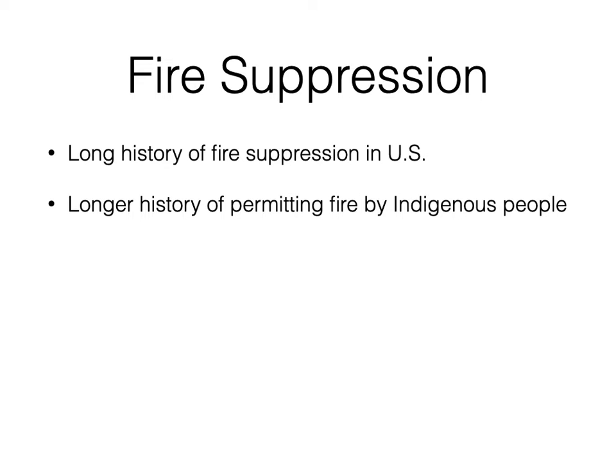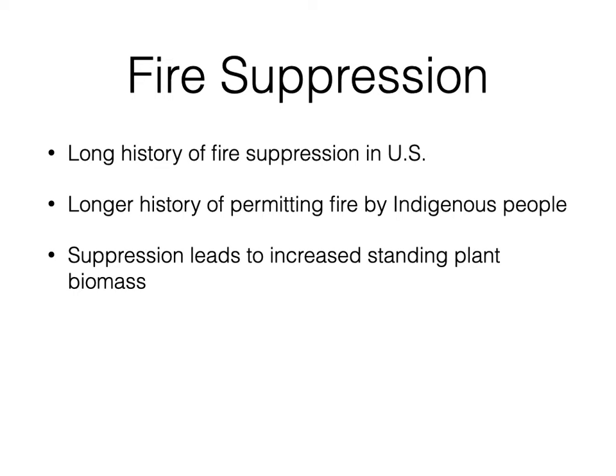But when the United States government decided that indigenous people didn't have a right to their lands and kicked them off their lands or killed them off their lands, you saw a very different environmental policy that resulted in these large fires that we're dealing with today.